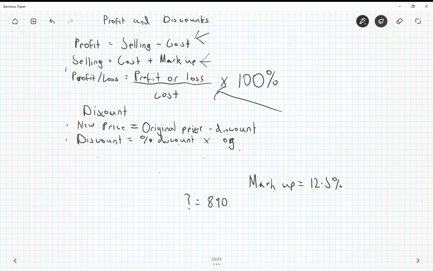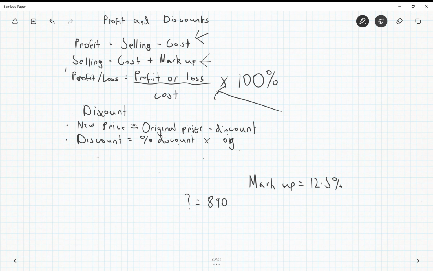So we would find 12.5% of 890, and if you put that in your calculator, you do 890 divided by 100, and then you times that by 12.5, you'd end up with 111.25.